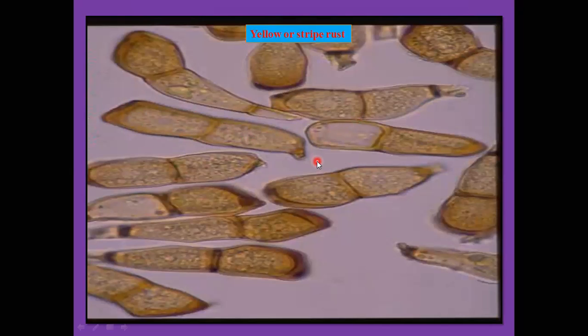So pointed apex teleospores are produced in black rust, rounded apex teleospores are present in brown rust, and in yellow rust the apex portion of the teleospores is flattened.